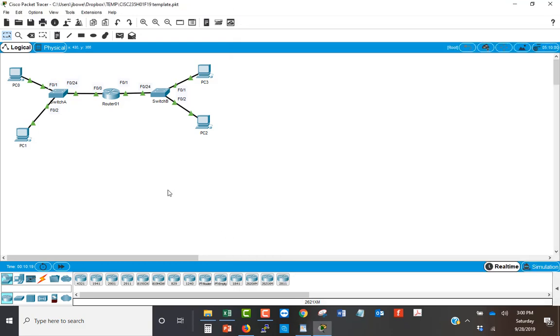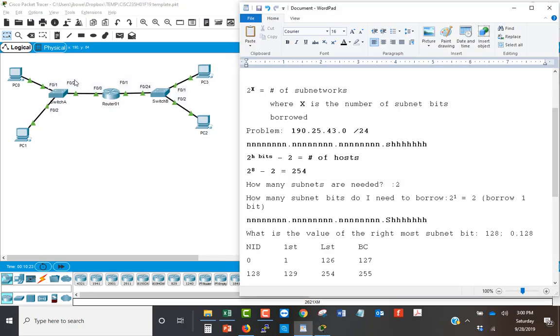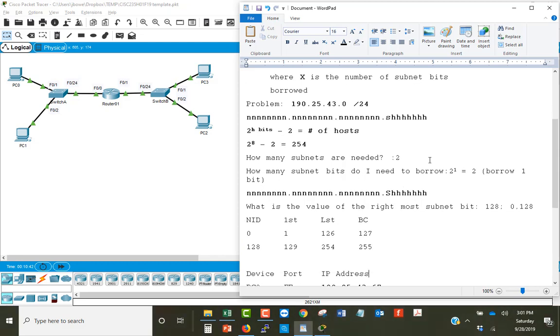So my first network, let's bring that back. My first network on the left-hand side is going to go to the first block with addresses between 1 and 126. My second network, which is on the right-hand side, is going to go to the second block of addresses. And let's look at how I allocated these. As we go down, I've got device, port, and IP address.